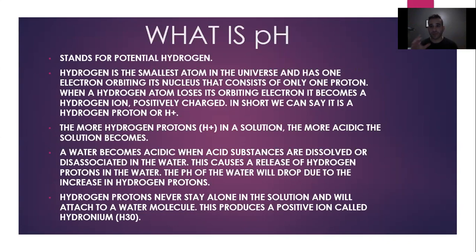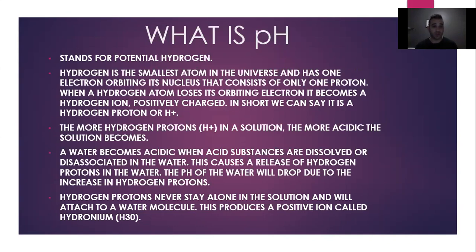So what happens is this H+ is positive, it will go and attach to an H2O molecule because the oxygen part of the H2O is negative, and then it bonds to the water molecule, producing another molecule called H3O, okay?